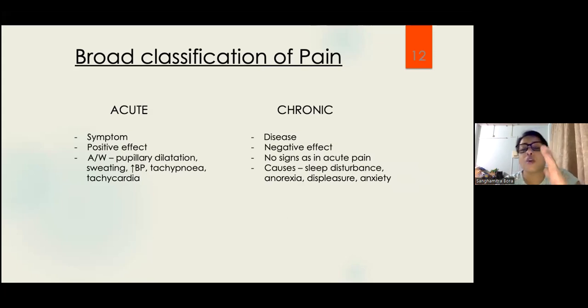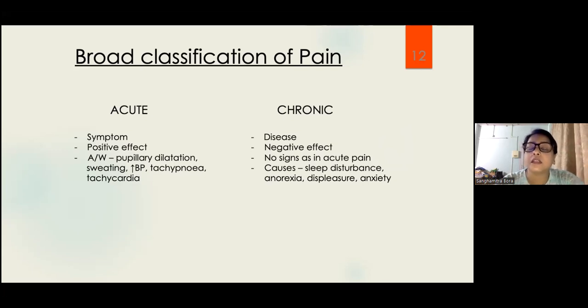But chronic pain in itself is a disease and not a symptom. It has a totally negative effect on the personality. There is no sign as in acute pain. There is nothing that actually tells you that the patient is in chronic pain.